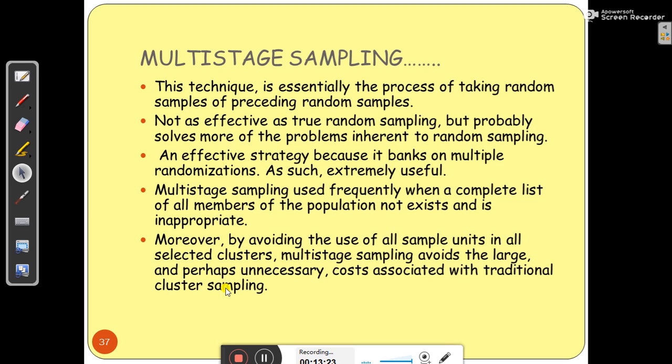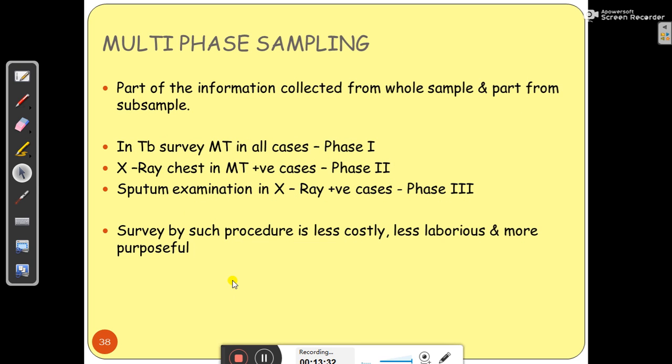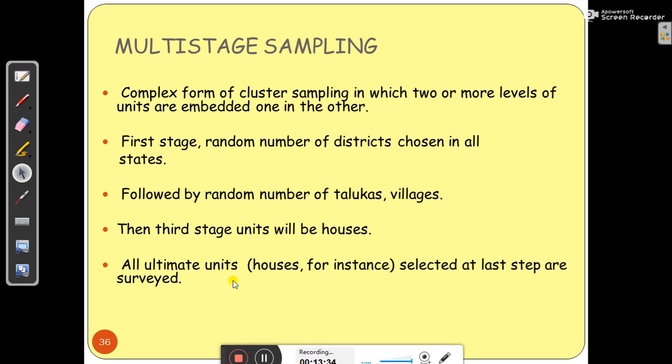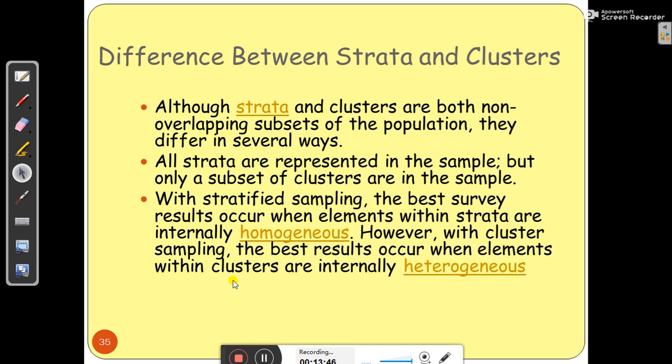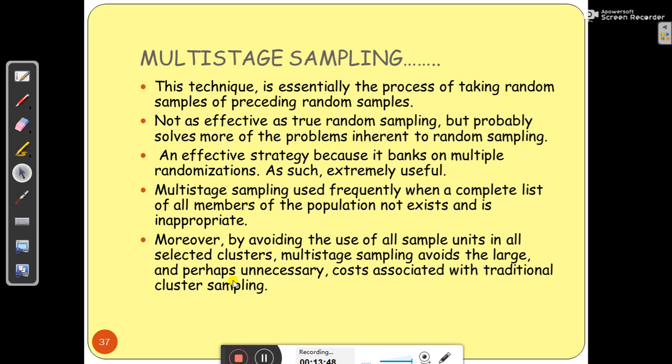That is why you are avoiding the unnecessary or large cost associated with the traditional cluster sampling techniques, because that is why multi-stage is useful in case of larger data sets where you don't have an initial list or appropriate list initially to create the cluster.